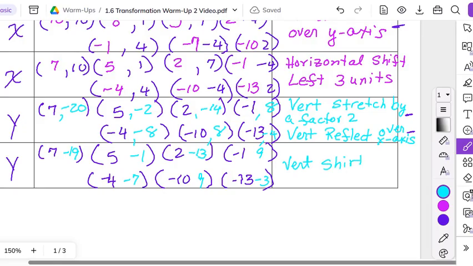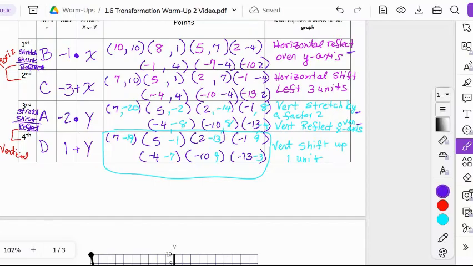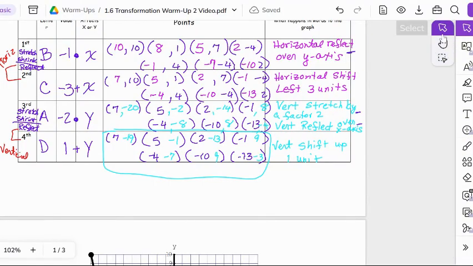So anytime it says vertical, you know it's y. Anytime it says horizontal, you know it's the x values that it's talking about. So this one was a vertical shift up 1 unit.